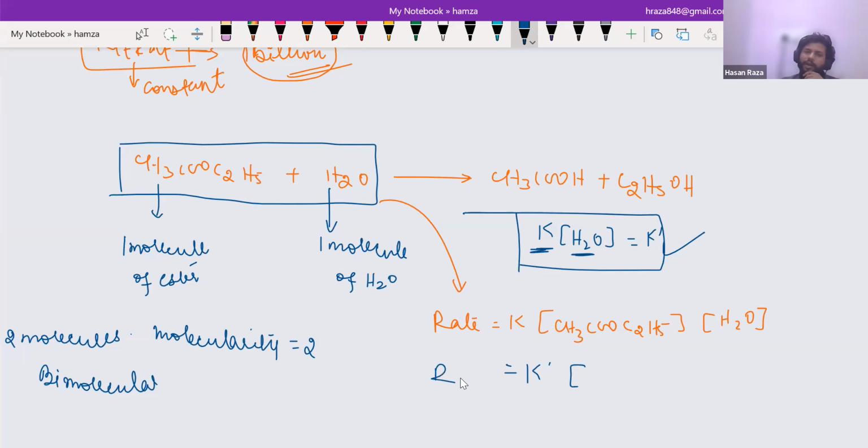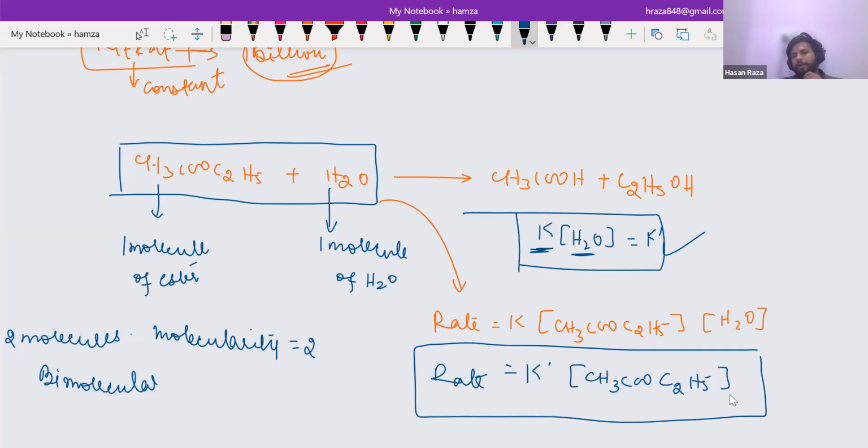Now the new rate law expression will be rate equals K dash CH3COOC2H5. Can you tell me the order of reaction after watching this rate law expression?